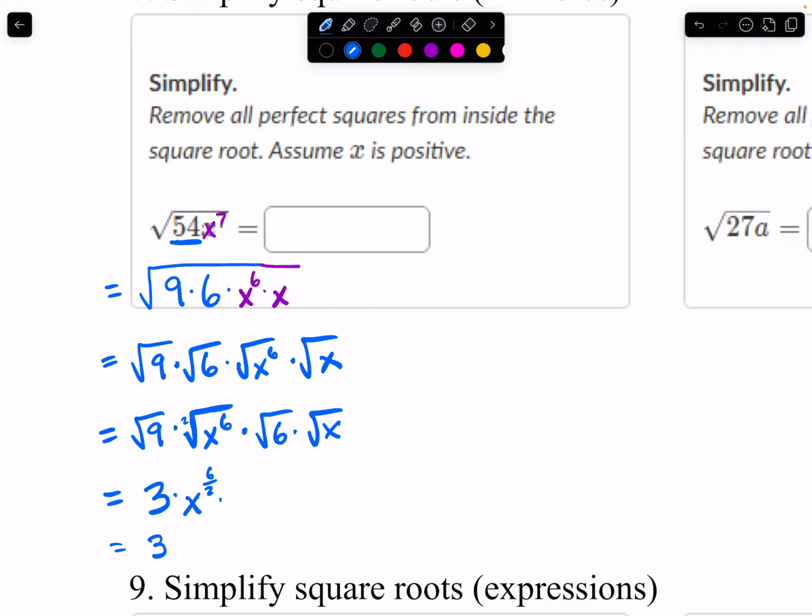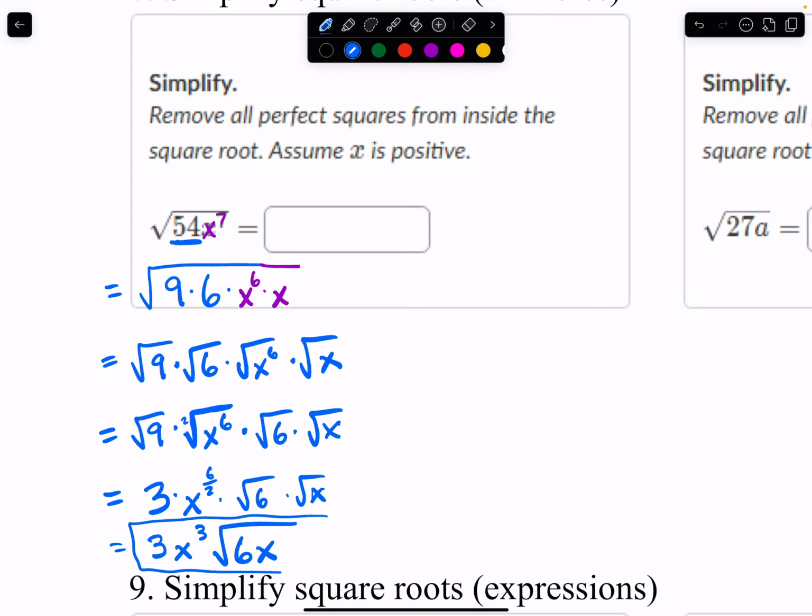So we will end up with x to the 6 over 2 power, but 6 over 2 is 3. And then the rest of it just stays. In fact, we can go back and put the 6 and the x in one radical symbol, once we know nothing else can be brought out. That would be our answer.